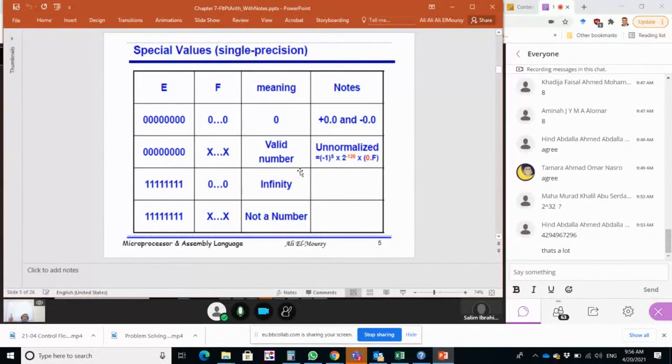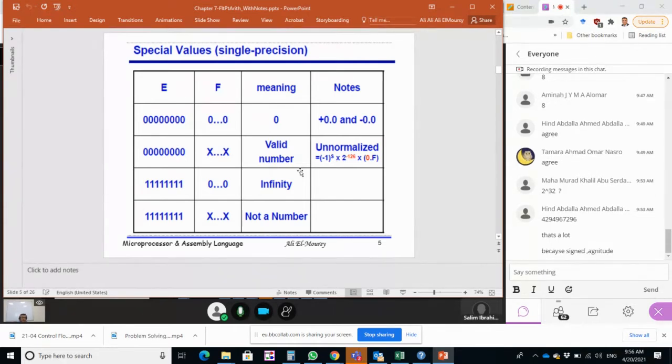When all the exponent bits are zeros and all the fractional mantissa bits are zeros, this is reserved for the number 0. And we have two representations for 0, positive 0 and negative 0. Why? In floating point we have something called negative 0. Yes, mathematically it's meaningless, but it does exist.